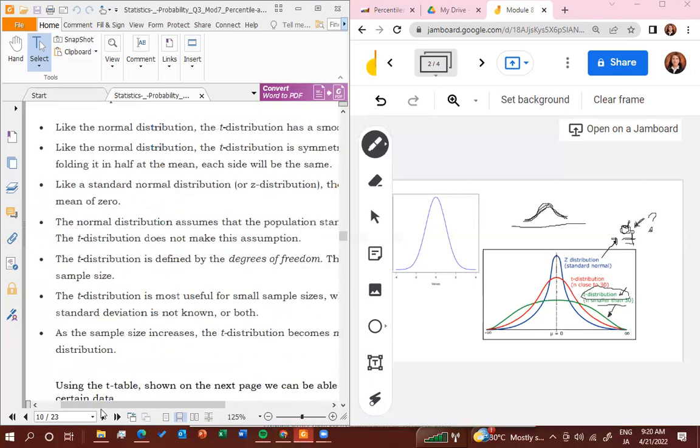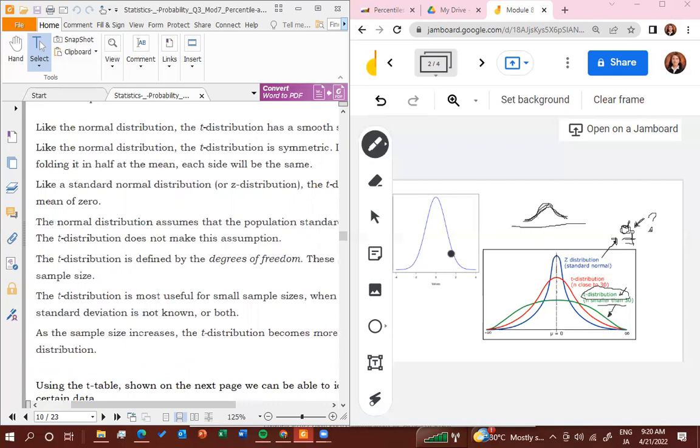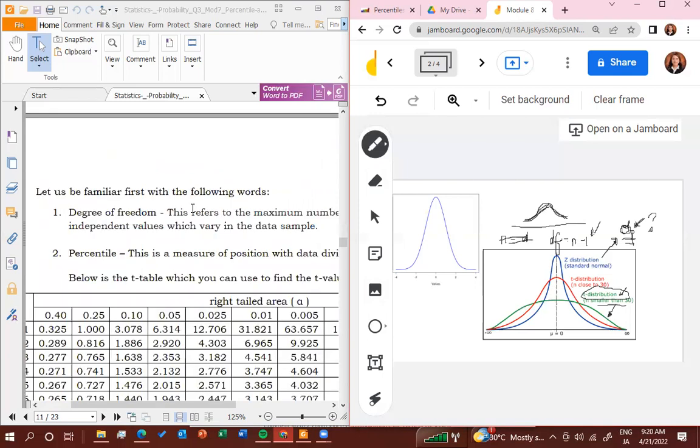So, the T distribution instead is defined by the degrees of freedom. These are related to the sample size. For example, di ba, we have the N. The degrees of freedom is really just related to the sample size through this formula. Sorry. df is equal to N minus 1. And this is what we use sa ato ang T distribution table.